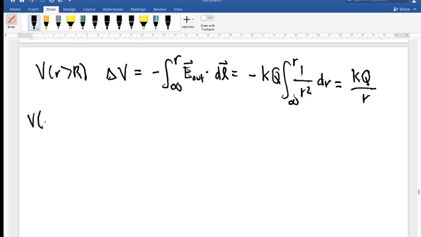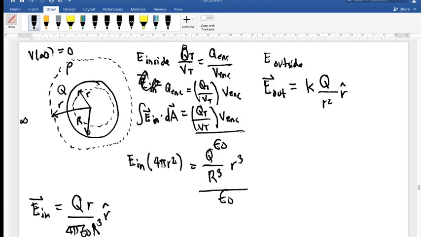But how about the potential inside? Okay, so what do you think is the answer? Since the Gaussian surface inside is bounded, we have to split the integration. You just have to cut from infinity to the radius R of the surface of the charge distribution, and then from R to the Gaussian surface with radius r.